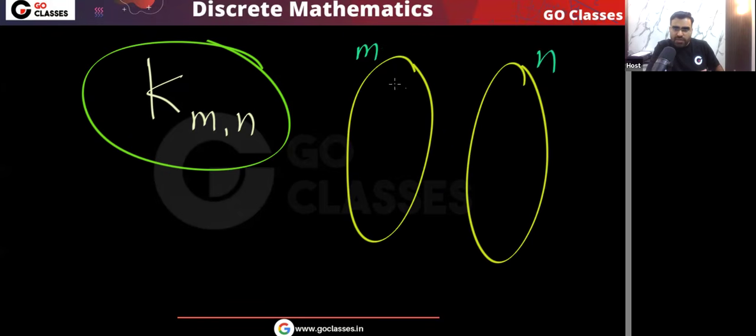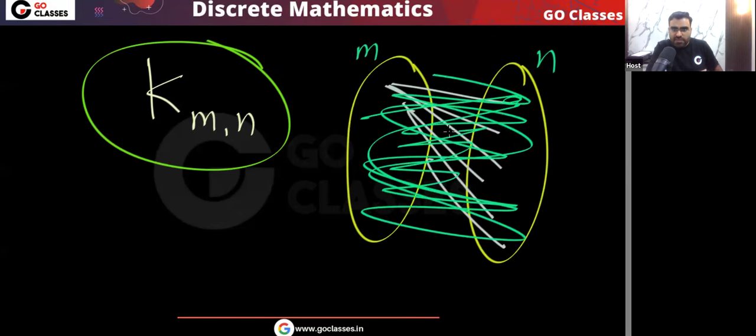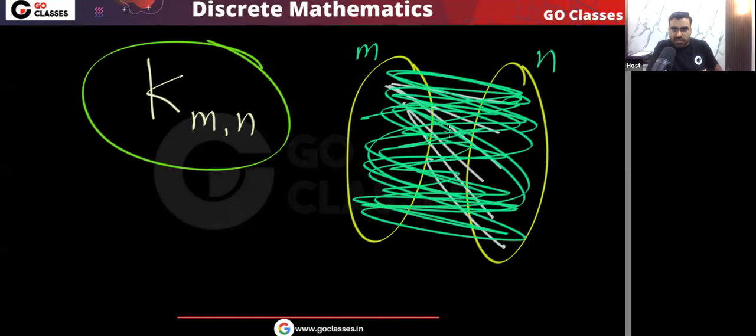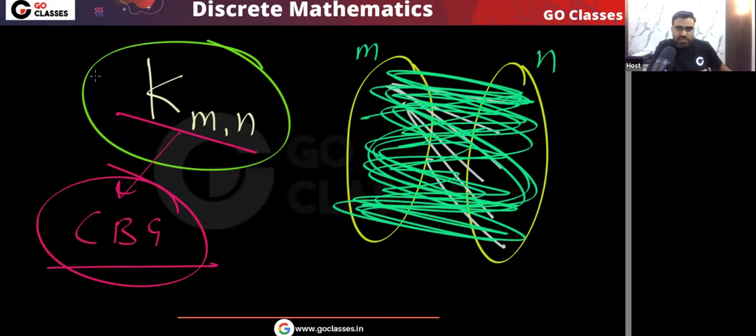And remember, every vertex here will be adjacent to every vertex here, and every vertex here will be adjacent to every vertex here. Basically, every vertex in one part is adjacent to every vertex in the other part. So please understand, this is the notation for complete bipartite graph, not for bipartite graph.